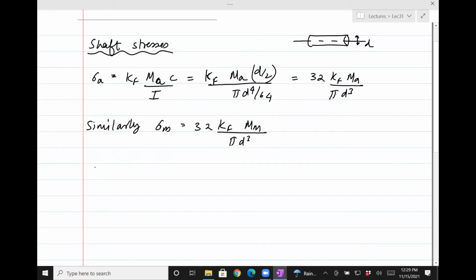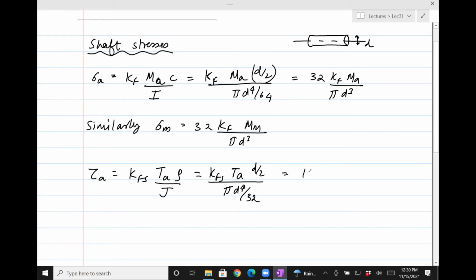Then we have shear stresses due to torque, and that is Kfs, the stress concentration in shear, times Ta times rho divided by J. Ta is the alternating torque, and rho is the radius. In this case, the stress is maximum at the outer surface, so I need to put D divided by 2. The polar moment of inertia is pi D raised to 4 divided by 32.